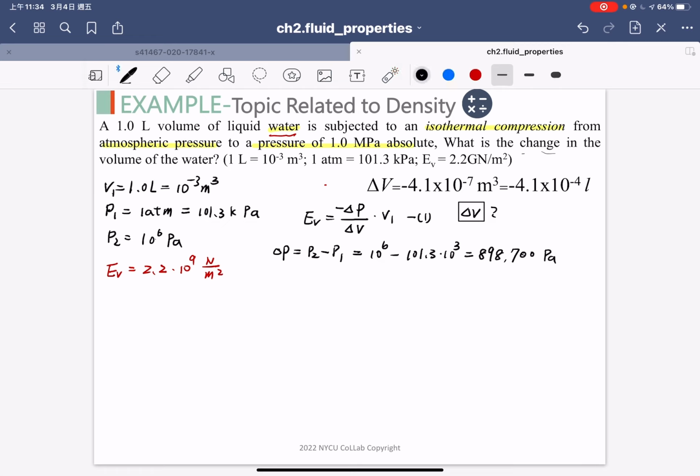So we reorganize equation 1: delta V is equal to minus delta P divided by EV, multiplied by V1. Okay, so the number for delta P is minus 898,700 divided by EV, which is here 2.2 giga.